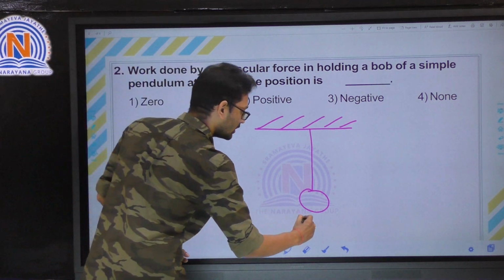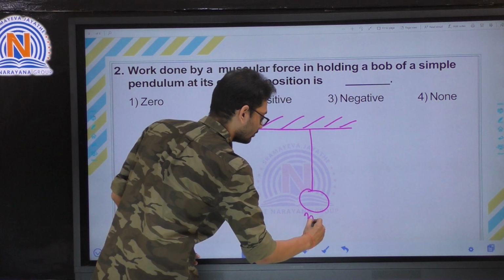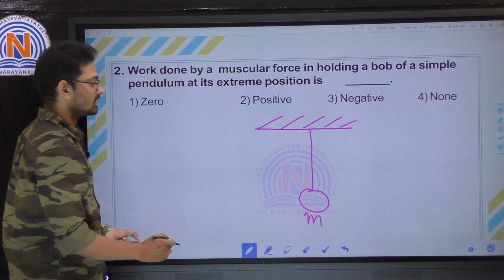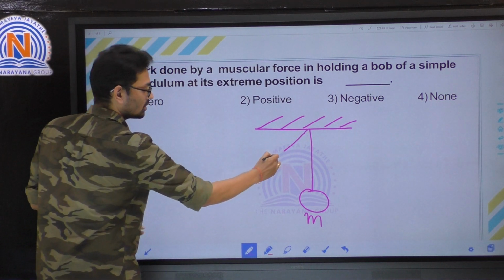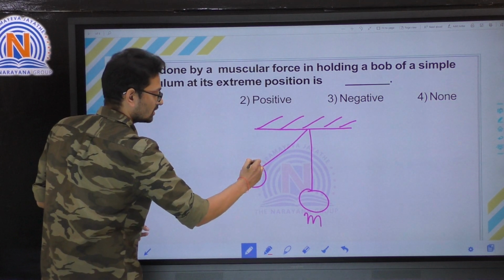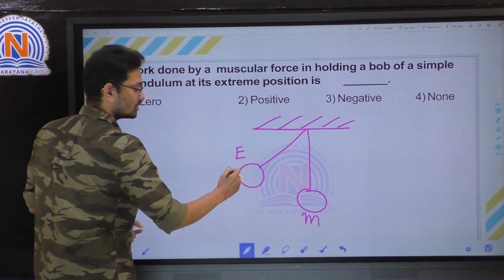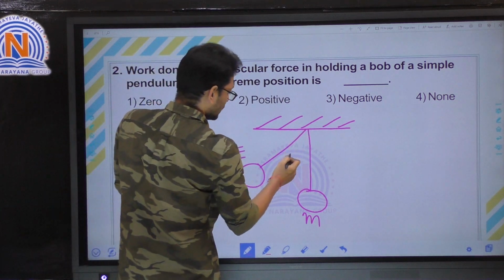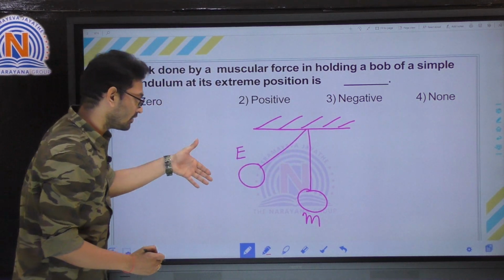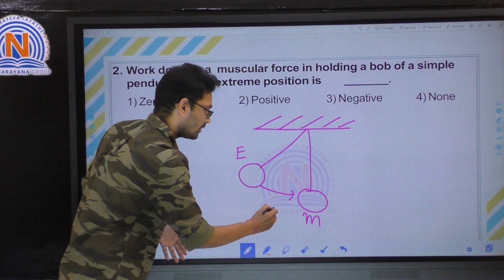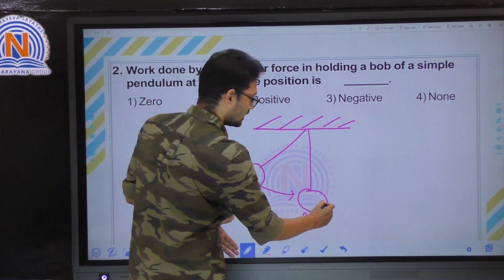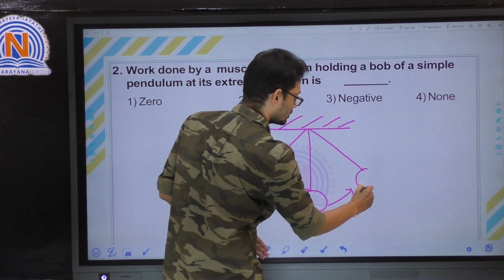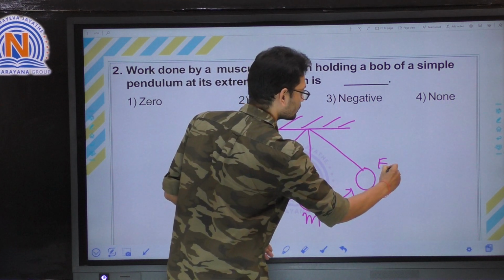Let us take the starting point as M, the main position. You pull it up to an extent, which is called an extreme position. If you leave it, it moves back to the main position, and then to another extreme position, E, on this side.